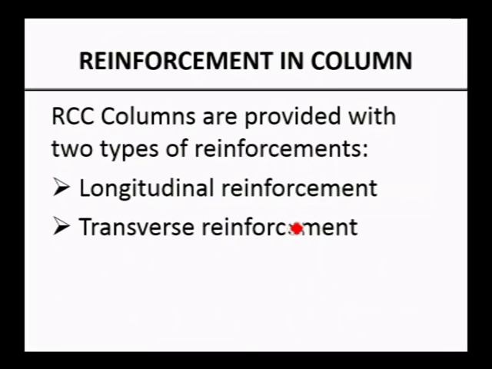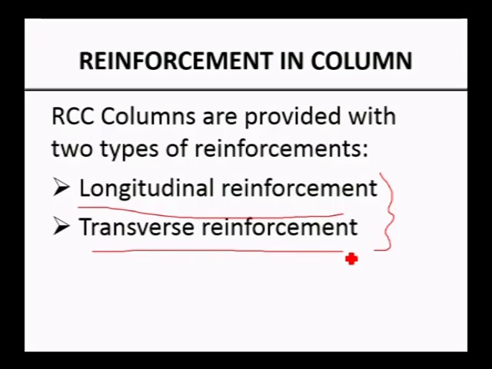And then let us see how reinforcement is provided in the column. RCC columns are provided with two types of reinforcement. Two important reinforcements are provided. One is longitudinal reinforcement, another is transverse reinforcement. What do you mean by longitudinal reinforcement?